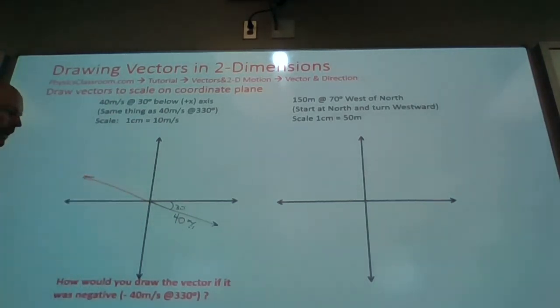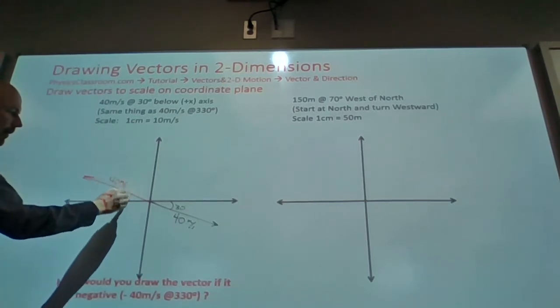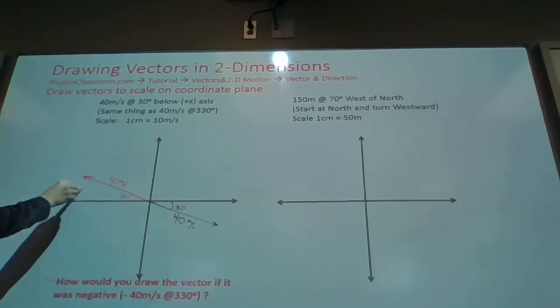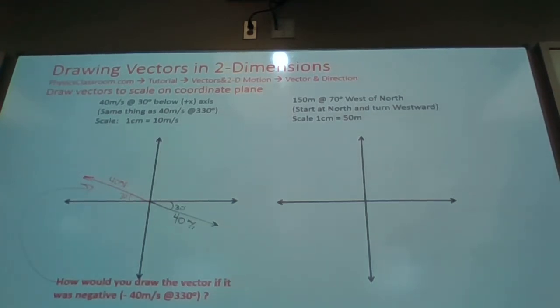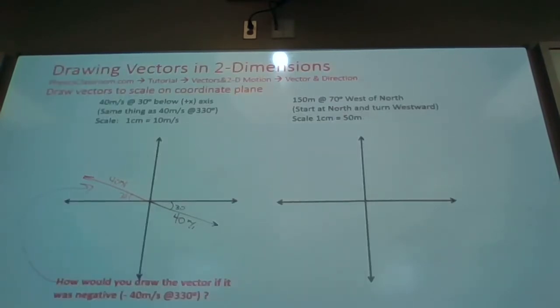Should go 180 degrees in the opposite direction. Good with that? So anytime you make a vector negative, it just goes 180 degrees in the other way. Okay?